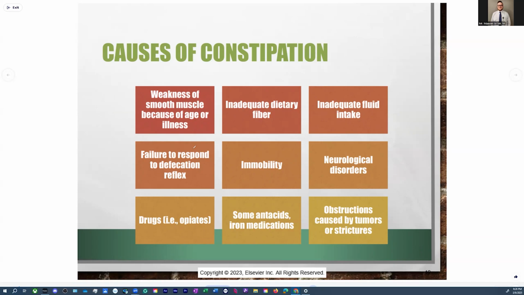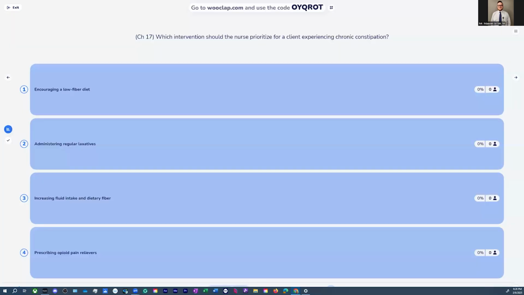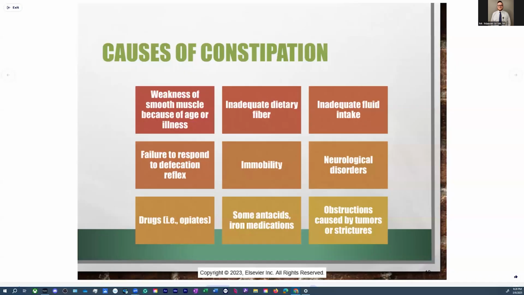Issues with incontinence of stool, immobility is going to slow this down. Some drugs, especially opiates, narcotics, tend to have a side effect of decreased peristalsis and constipation. And then obstructions or things that clog up the GI tract cause constipation.